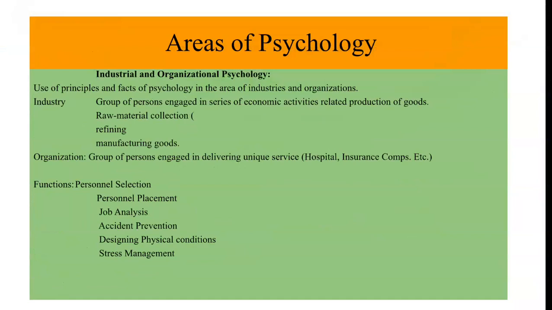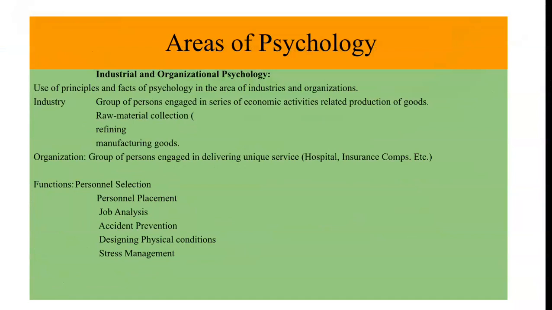Then how does psychology help here? In this area, psychology is used for selecting personnel. It ensures which job is suitable for which person. If a person has a very good talent for manipulating and presenting facts in a very interesting and attractive way, that person may be suitable for marketing.